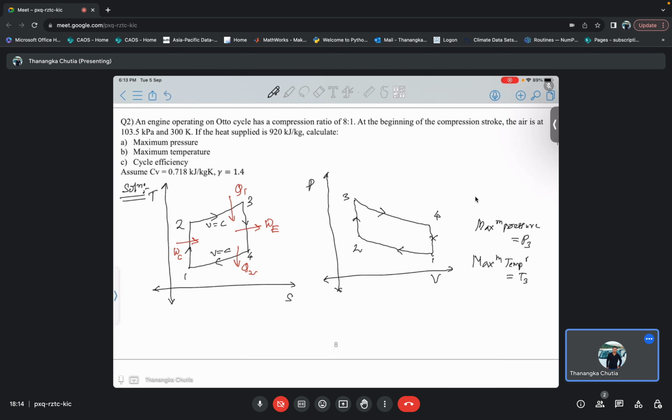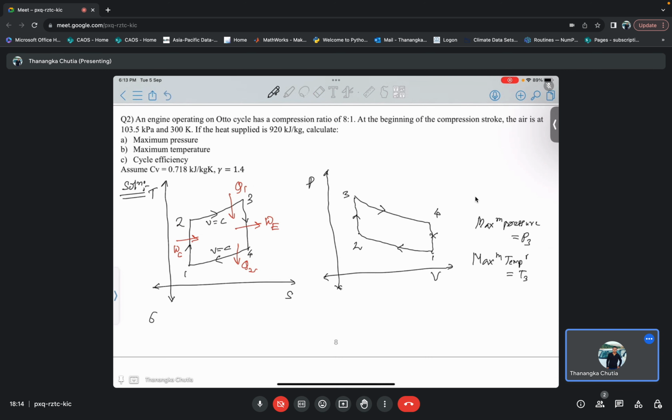Okay, so what are the given things now? Given Rk, that is the compression ratio, is equal to 8. At the beginning of the compression stroke, that means just before the compression stroke, at point 1, P1 is given as 103.5 kilopascal, and T1 is given as 300 Kelvin.